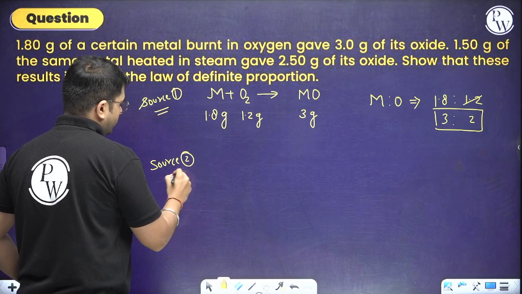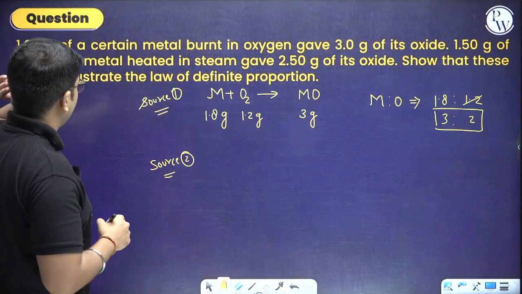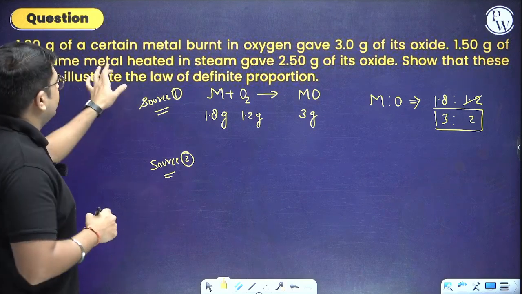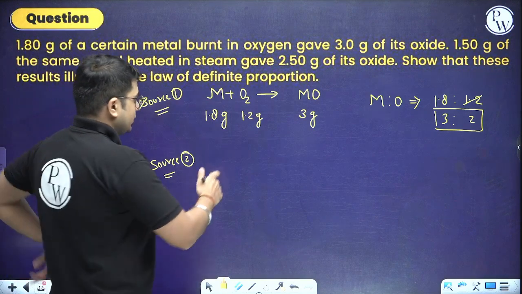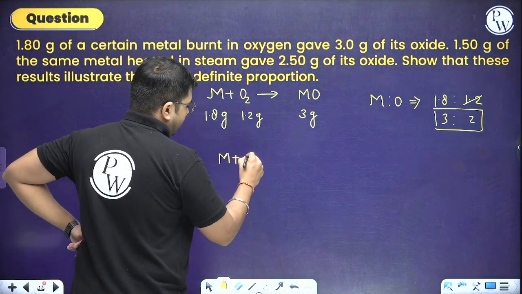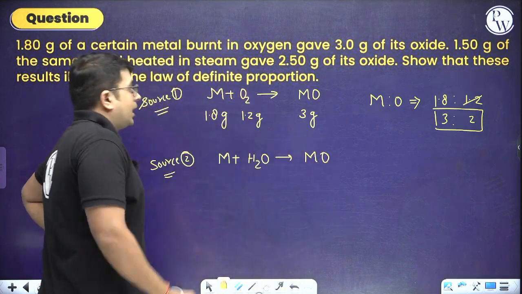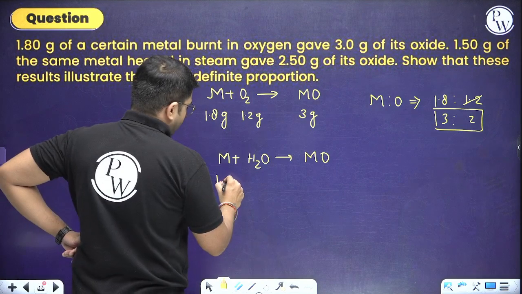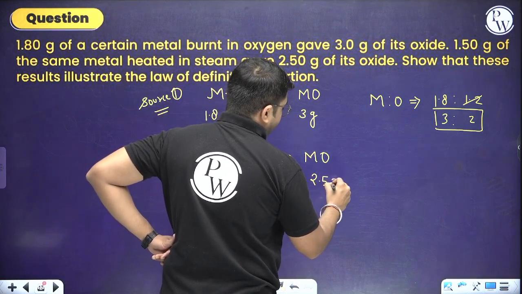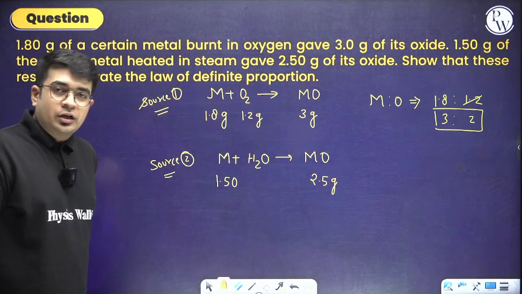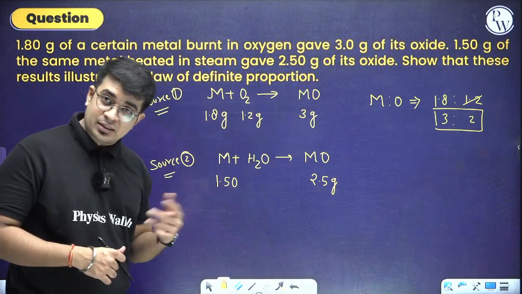Now we have the next part. We have a source 2 in this case, which says 1.5 gram of the same metal heated in steam gave 2.50 gram of its oxide. Now in this situation I am forming the same metal oxide from this metal with steam. I am starting with 1.50 gram of this metal, and now we have 2.5 grams of metal oxide. So definitely if the metal is 1.5 and total metal oxide is 2.5, it means oxygen is 1 gram only.